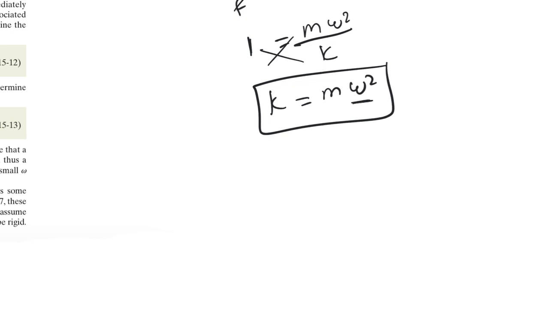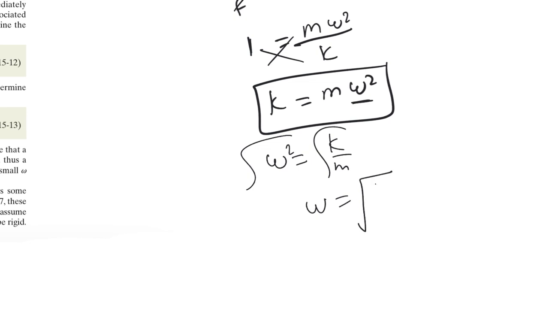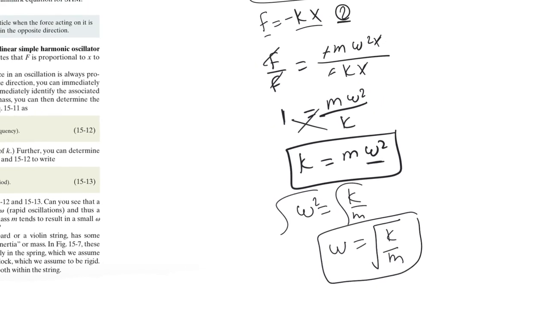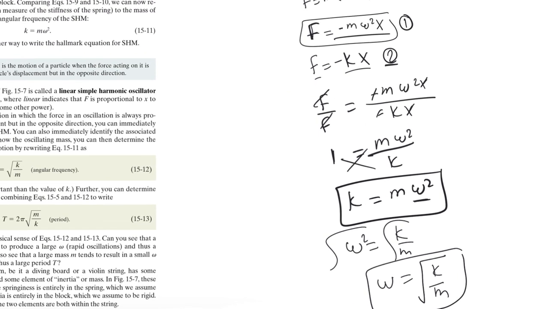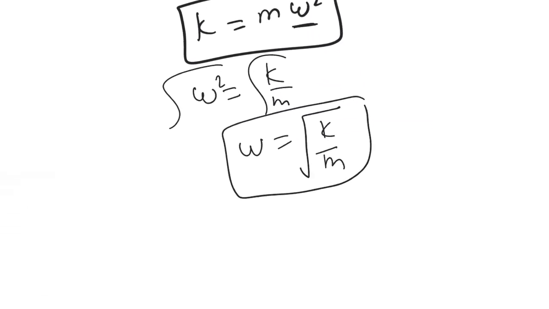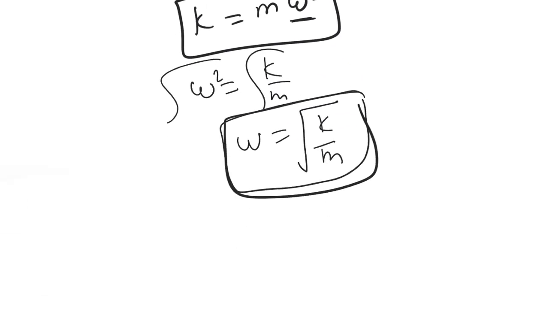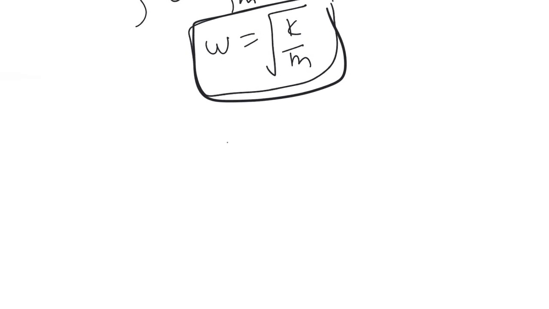From here we can calculate the angular frequency. Omega will be equal to the square root of k over m. So the angular frequency for a linear simple harmonic oscillation is equal to this. And we know that the angular frequency is equal to 2 pi multiplied by f.